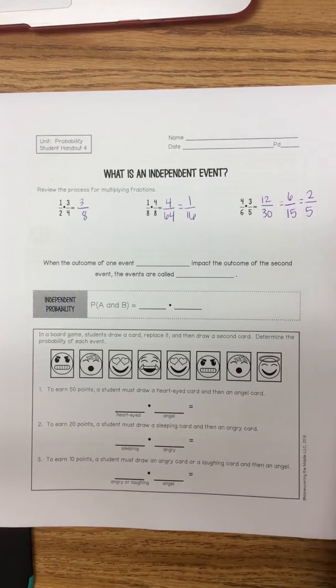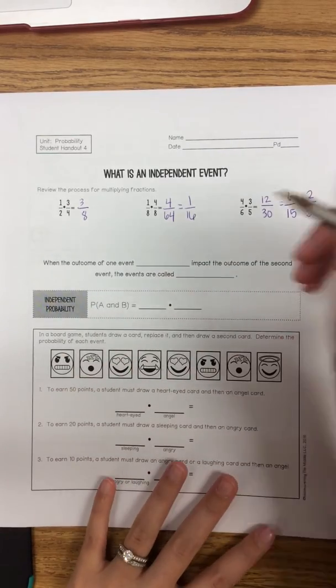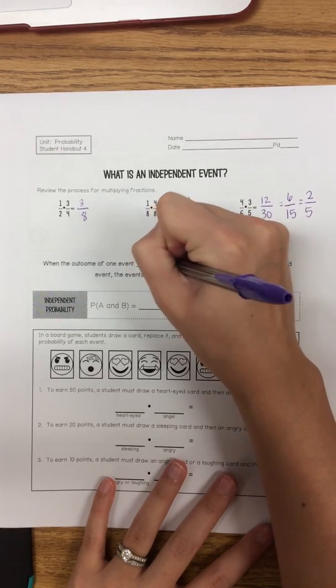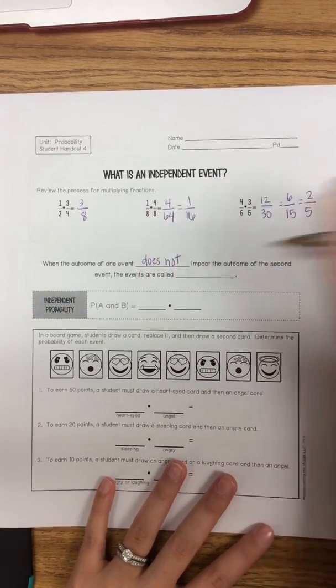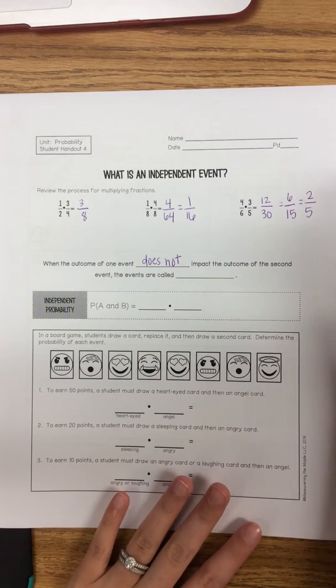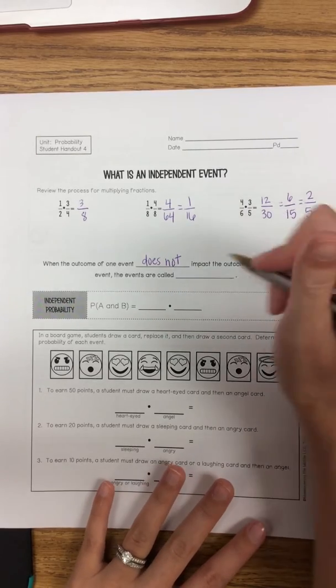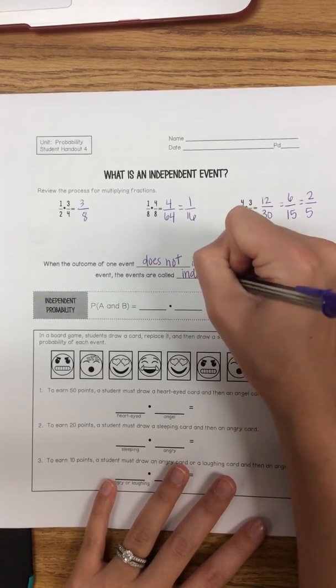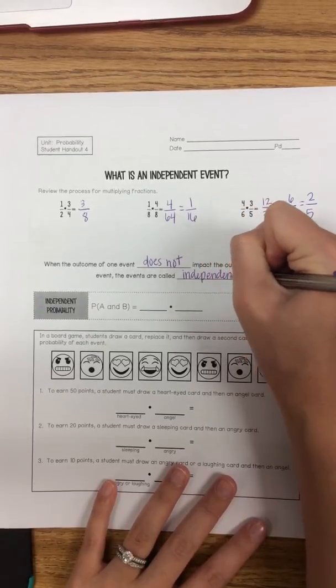Okay, so when an outcome of an event does not impact the outcome of the second event, the events are called independent events.